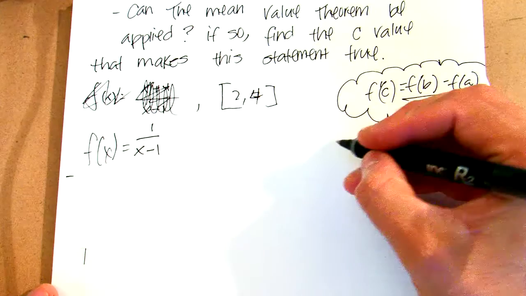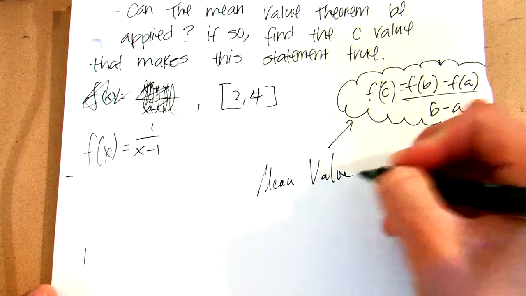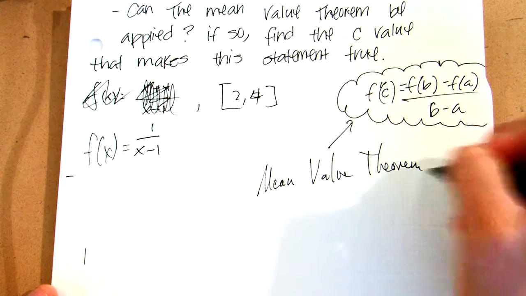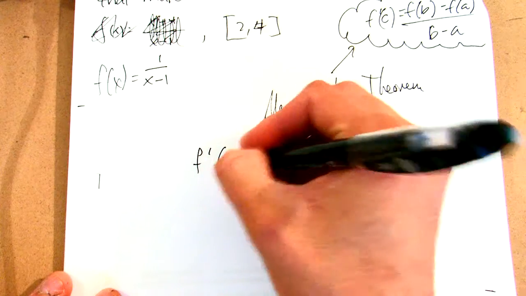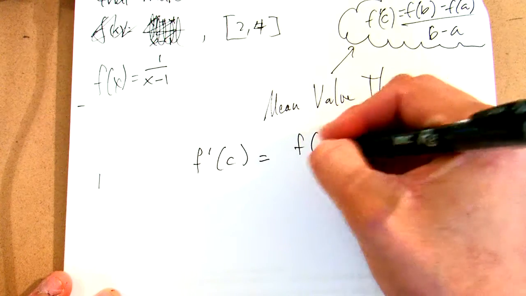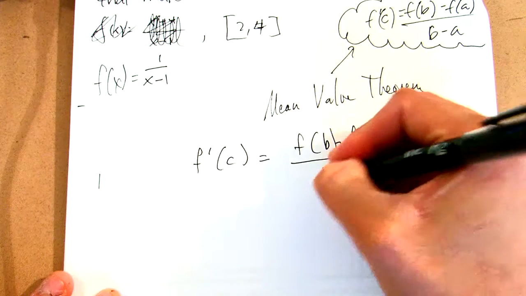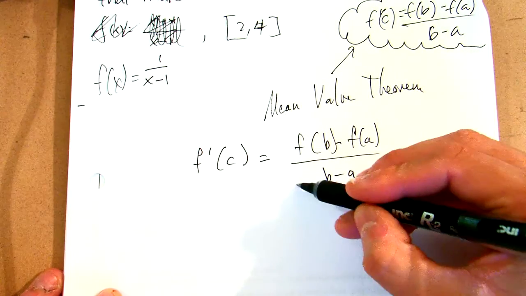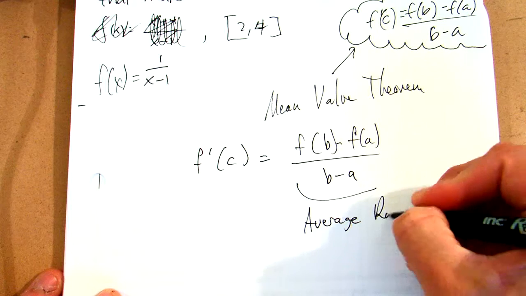So just to clarify, this here is the mean value theorem. Okay? And what the mean value theorem says is that, I'm going to write it down again here, just to be clear. Over B minus A. So this here is the average rate or average value.